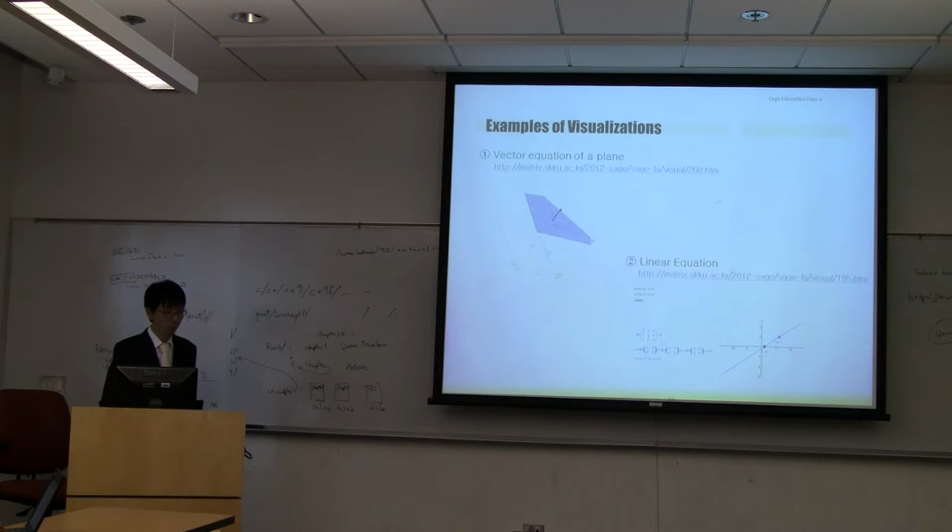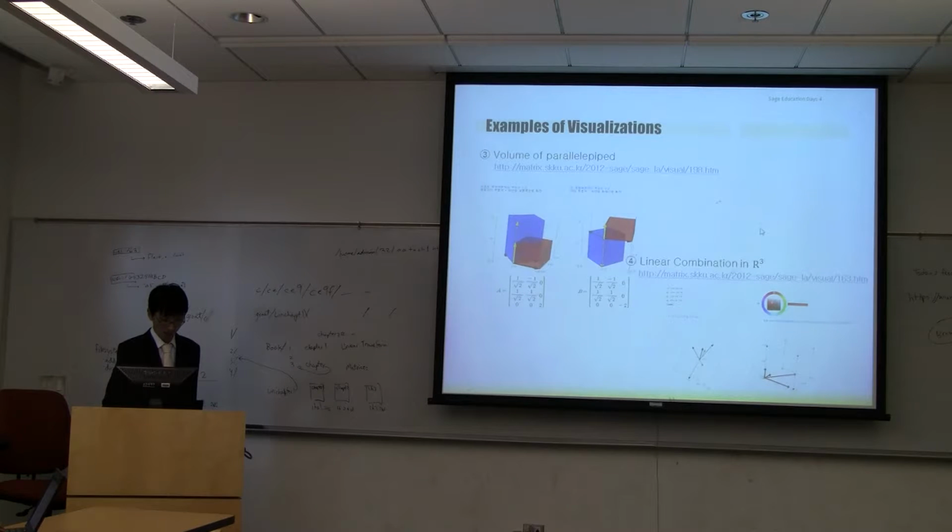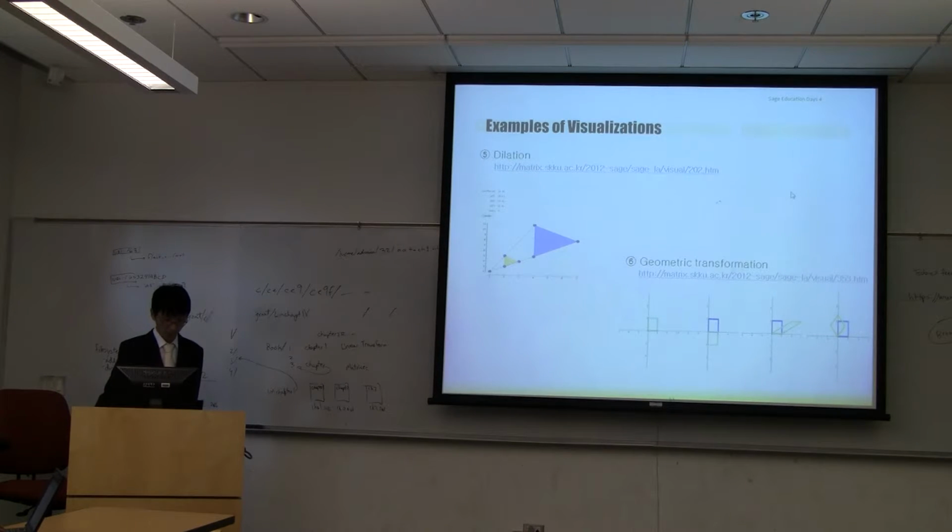Everything is published at each web address. This figure shows vector operations in the plane and linear combinations. And this figure shows the volume of a parallelepiped, linear combination, and an application to the RGB color space.